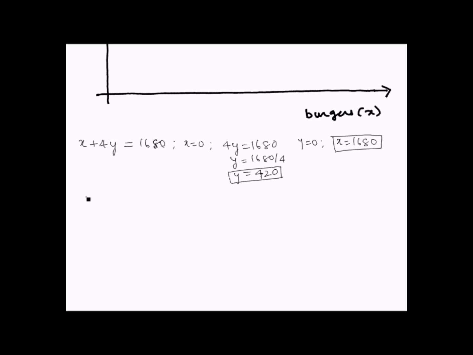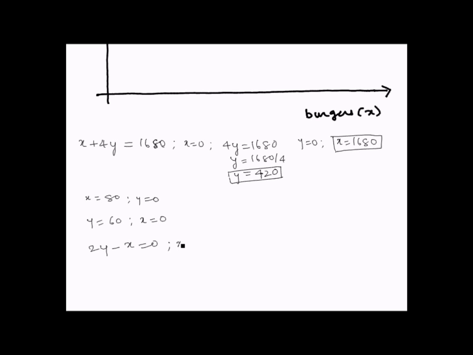The second line is x is equal to 80. So this itself is the x-intercept, and of course y is 0 here. The third equation is y is equal to 60. So this is the y-intercept, and in this case x is equal to 0. The next equation is 2y minus x is equal to 0.